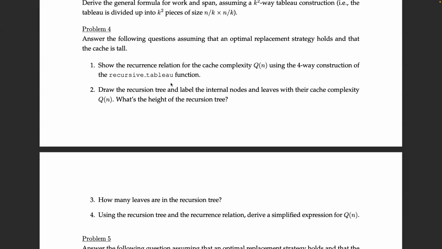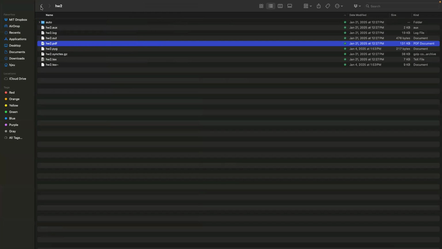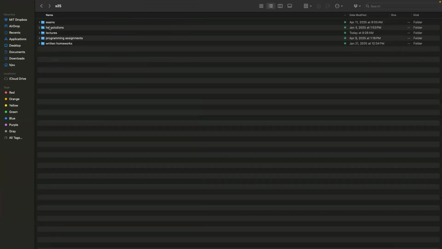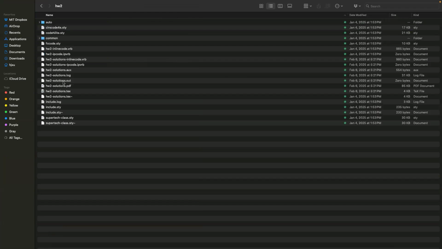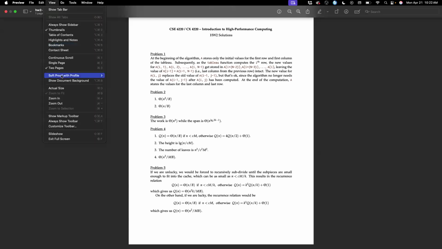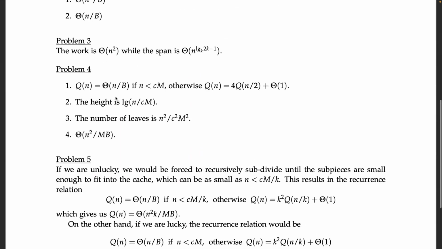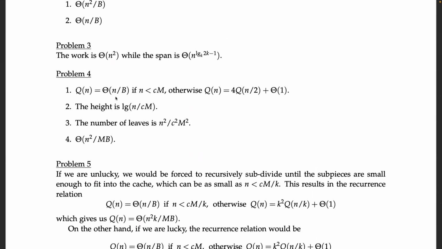For 4.2, the height is log n minus log cm, which is order log m, with c as a constant, because by log rules, subtraction is division inside.